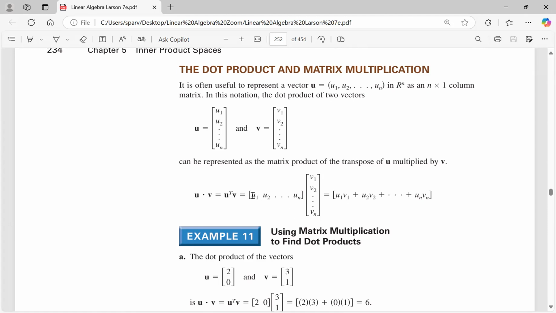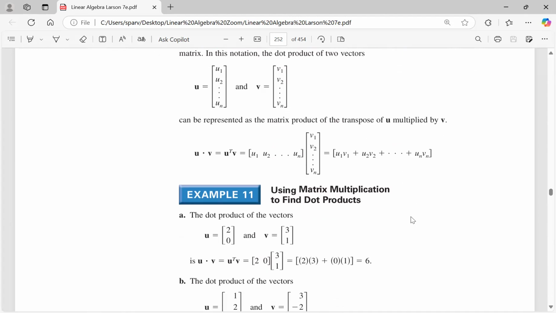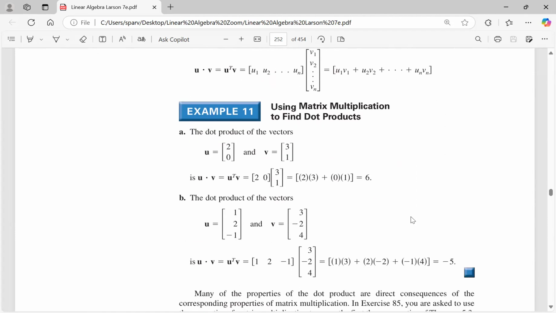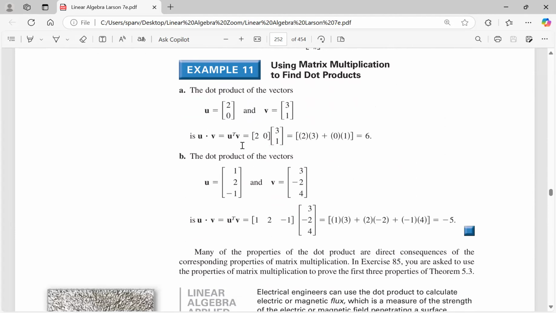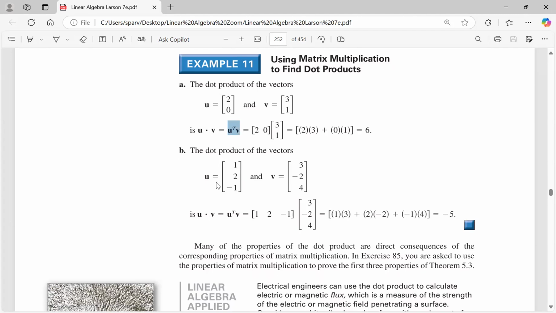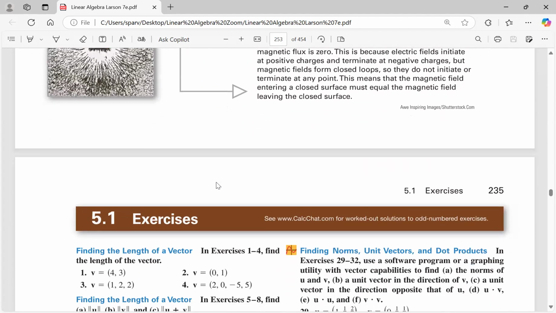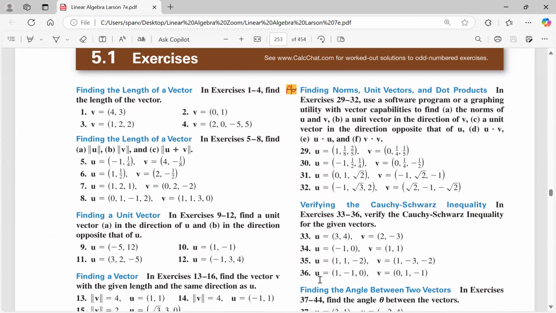So you multiply u1 times v1, and you get u1 v1. Then you multiply u2 v2, you get that product, and so on and so forth. So that's how we can multiply those two matrices using dot product. You have to use U transpose in order for this to work. Okay. And that's about it from this section.